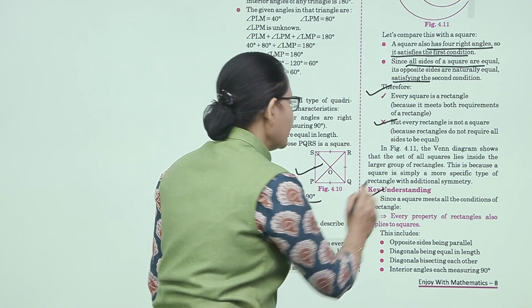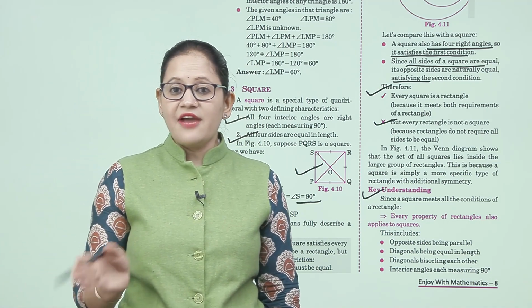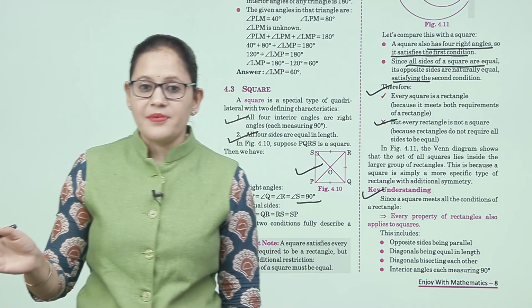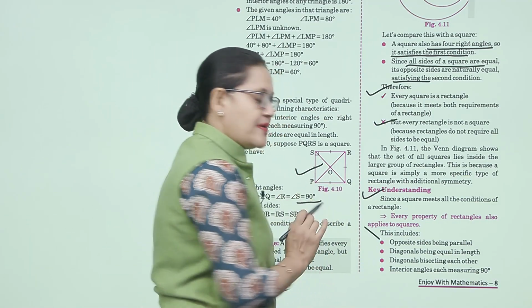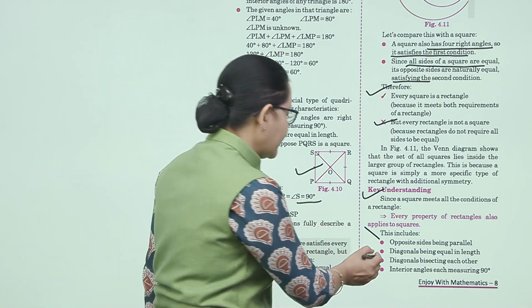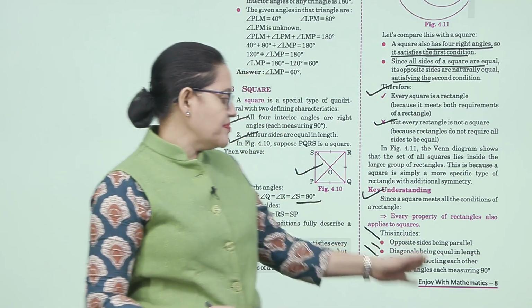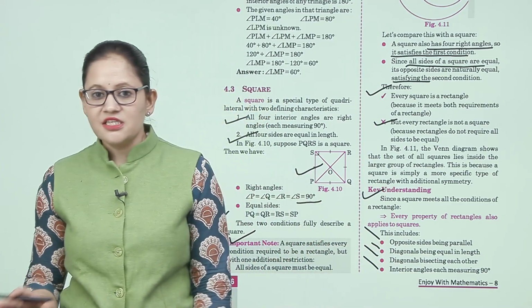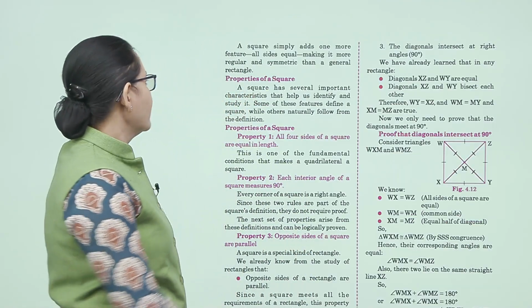Now, key understanding: since squares meet all the conditions of a rectangle, every property of a rectangle also applies to a square. This includes opposite sides being parallel, diagonals being equal in length, diagonals bisecting each other, and interior angles each measuring 90 degrees. All these conditions apply.